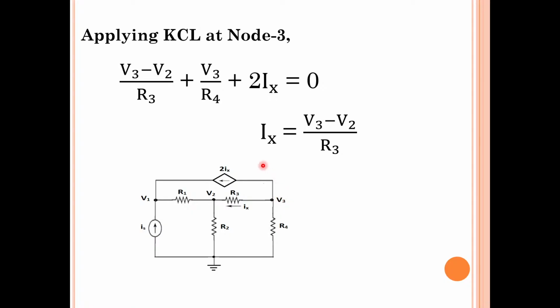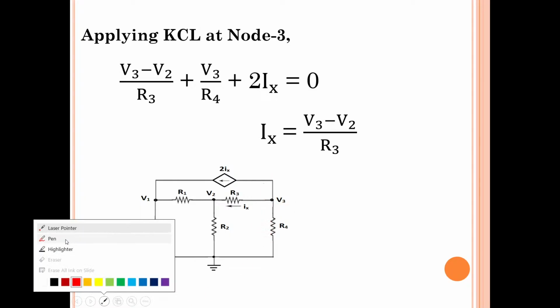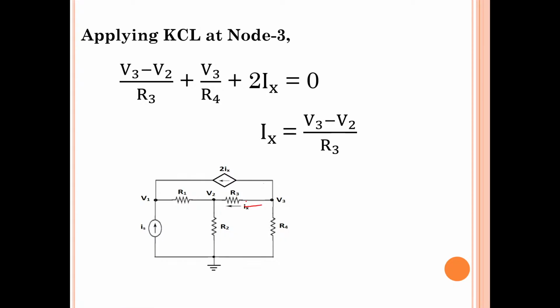So I have assumed all the currents are leaving this node again: current is leaving, current is leaving, current is leaving. So V3 minus V2 by R3 is one current equation.